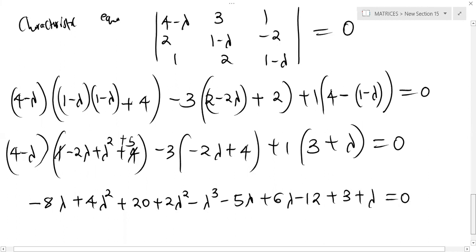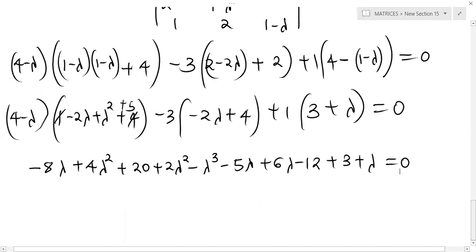Okay, so taking the like terms and then just putting the like terms together, we'll have, let's start with minus lambda cubed, then plus lambda squared. We have this and we have this, that is 6 lambda squared, minus values of lambda, minus 8, values of lambda, minus 5.